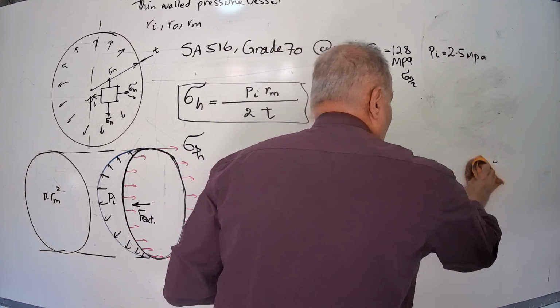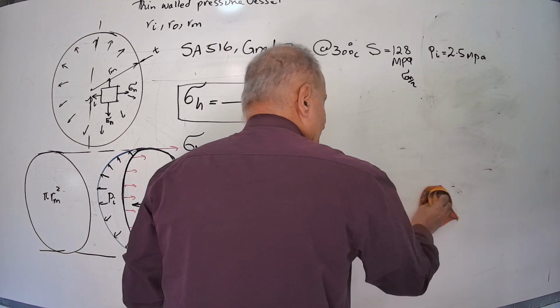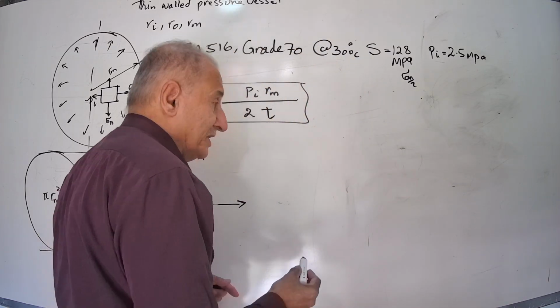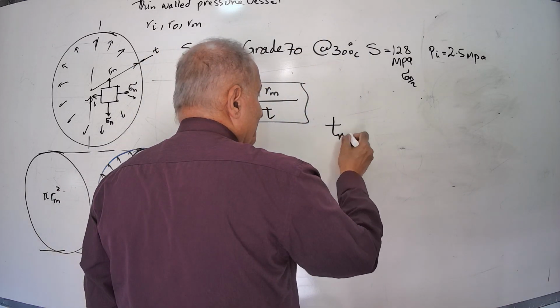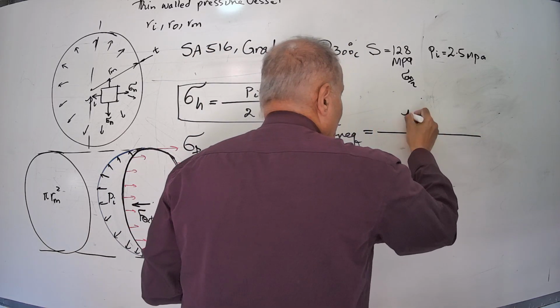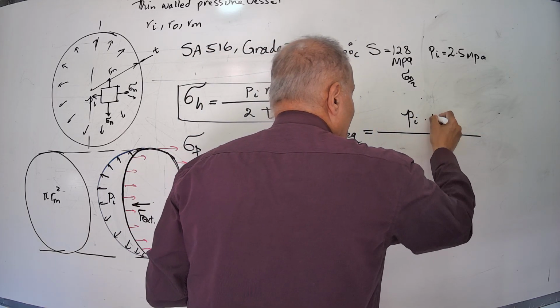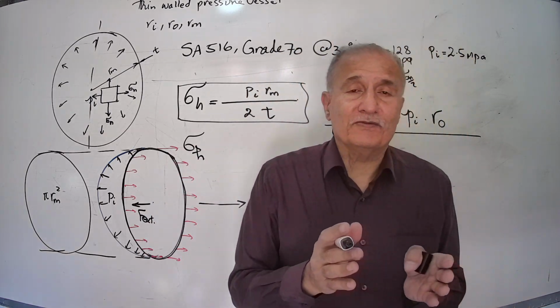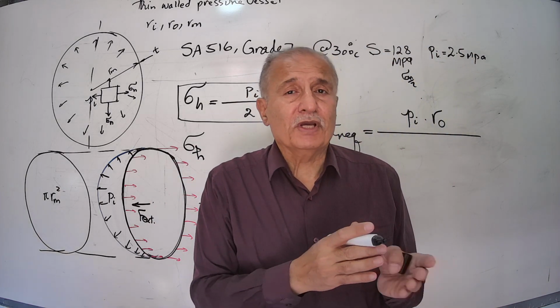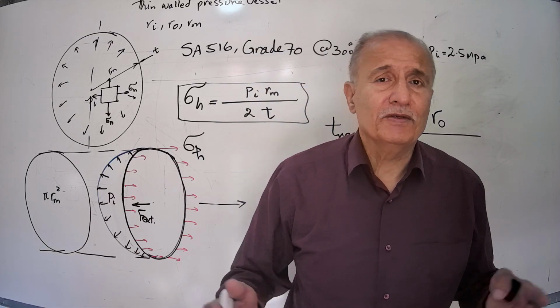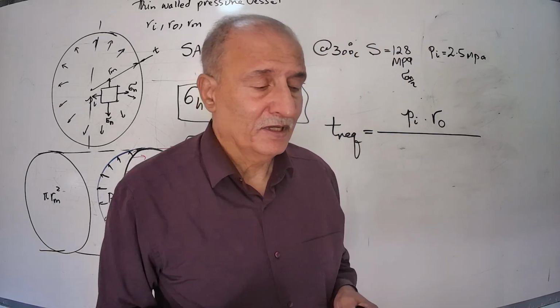Let's look at the code and see what's the difference between the standard formula and this one. The standard for spherical shape says that required thickness is equal to internal pressure times outer radius. Outer radius is the conservative side of the formula. Why? Because the difference between when we consider outer radius or mean radius is less than 5%.